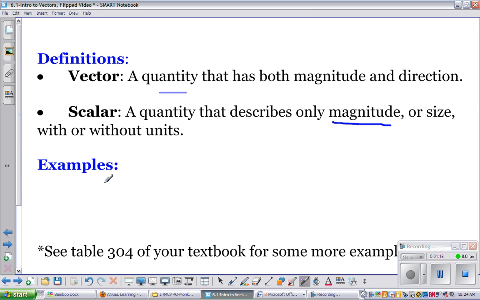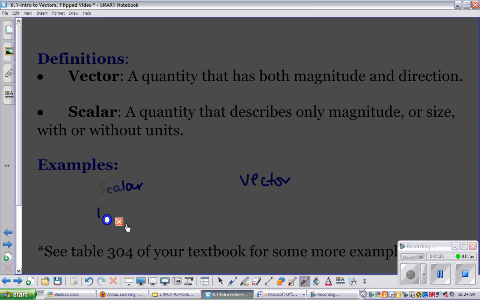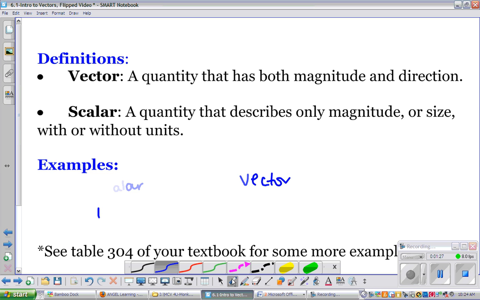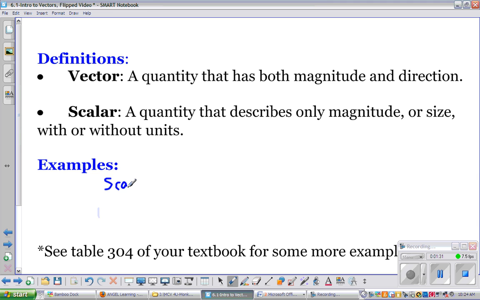Some examples of a scalar versus a vector. If you were to look at velocity, a scalar could be a velocity of 10 kilometers per hour.